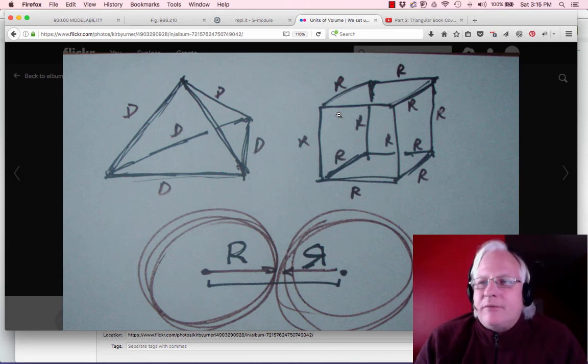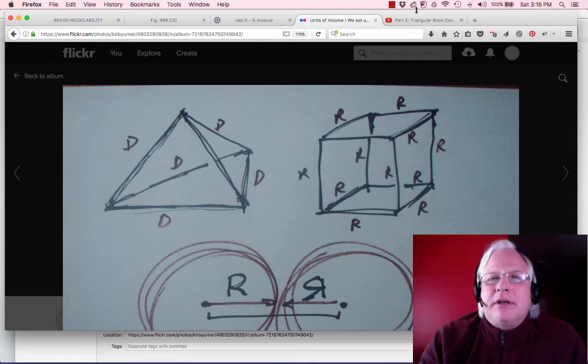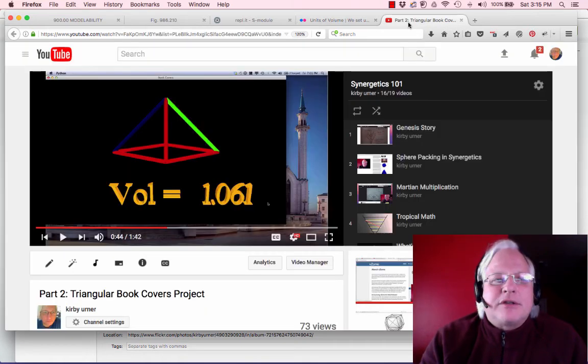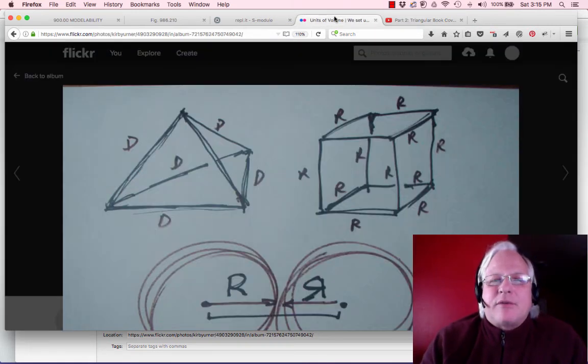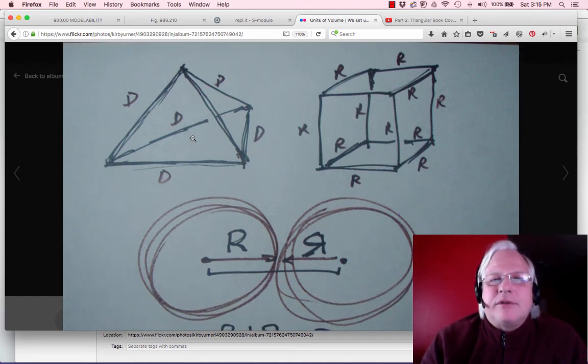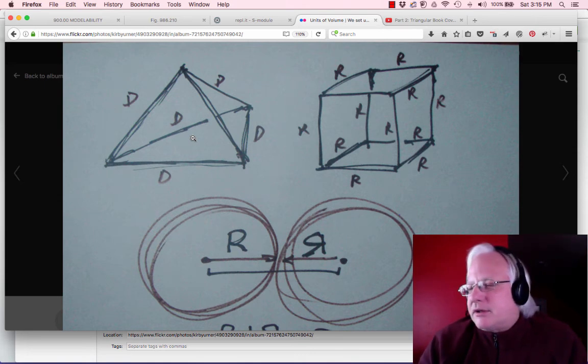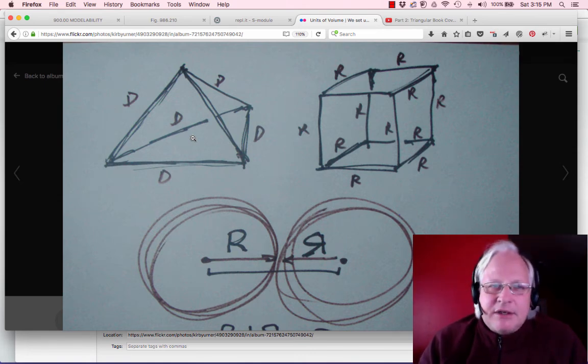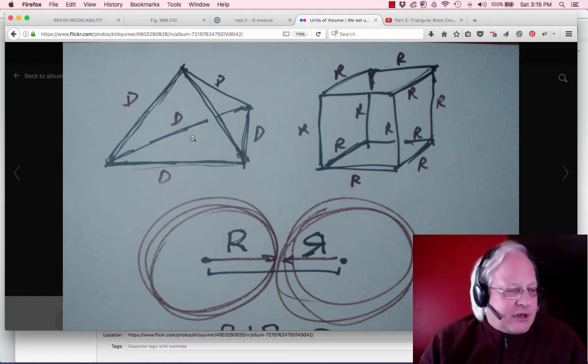And if you build a cube out of that, you're going to have the same volume as this particular tetrahedron. And that's the XYZ idea of a unit of volume. And we've just looked at the other tetrahedron, which is when all the edges are the same. And that's the Martian or the Synergetics version of the unit of volume.